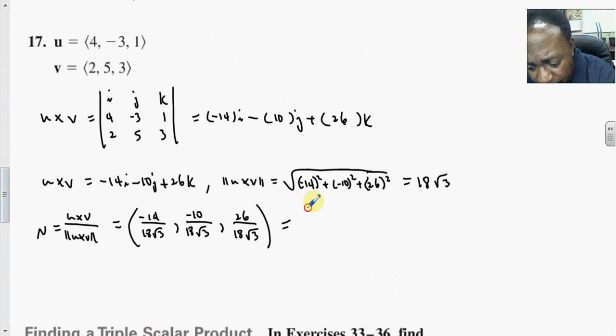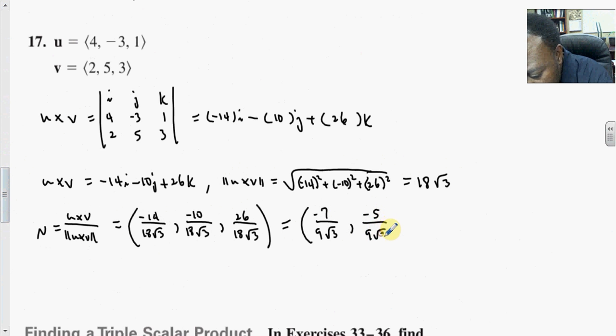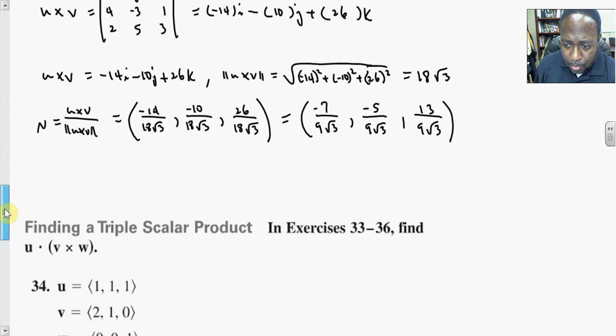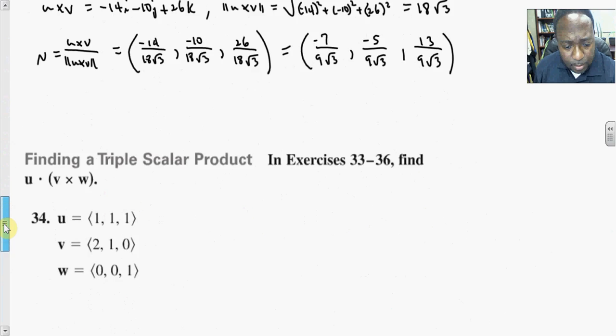Now we simplify that, so this gives you negative 7 over 9 times the square root of 3, comma, negative 5 over 9 square root of 3, comma, 13 over 9 the square root of 3. That's it.